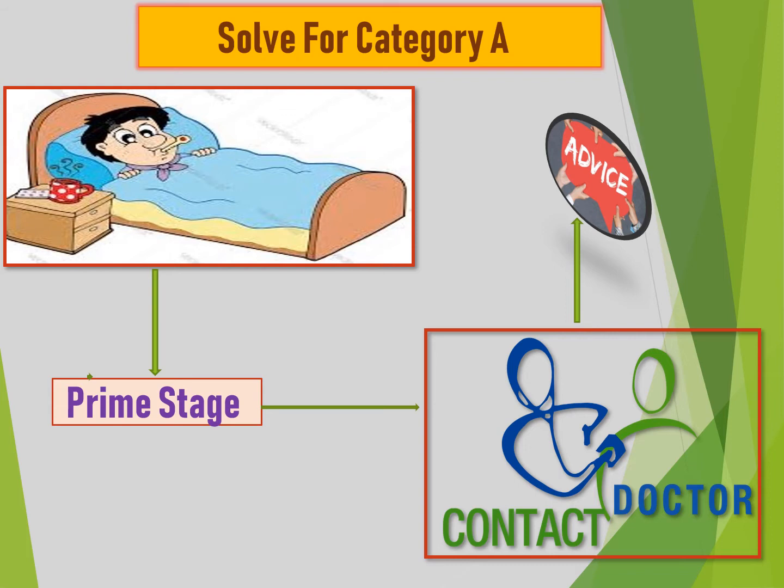First of all, we should contact the doctor. In case we suspect the signs of coronavirus in anyone, we should immediately contact the doctor, explain the symptoms, and get advice on whether one should pursue COVID-19 testing or not.